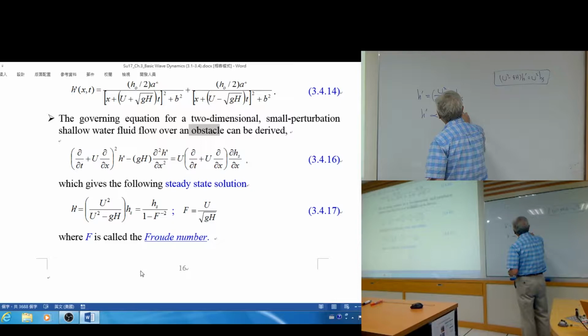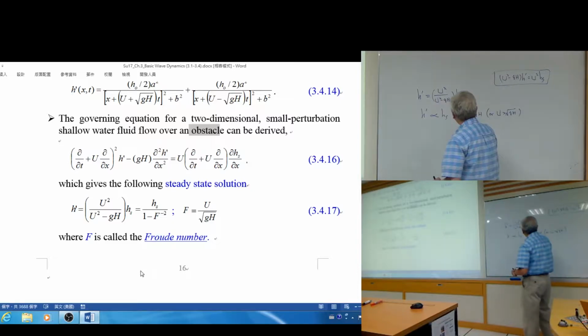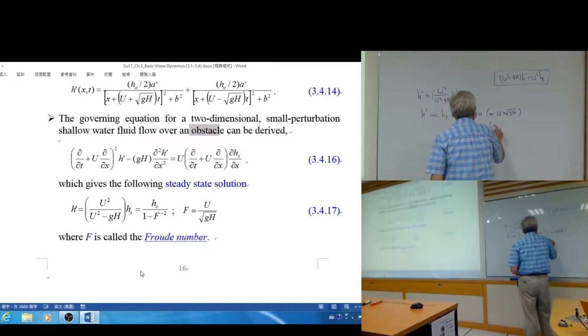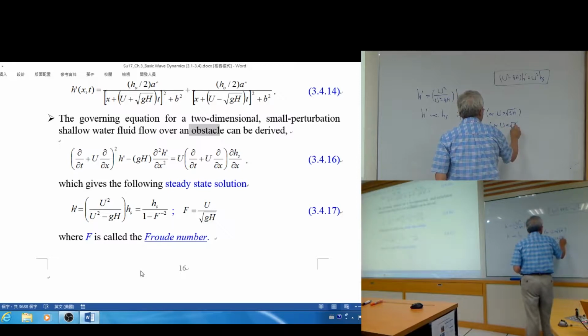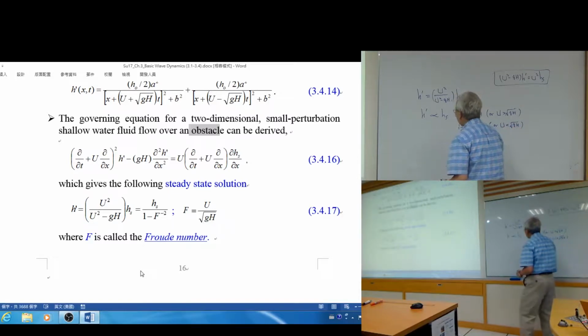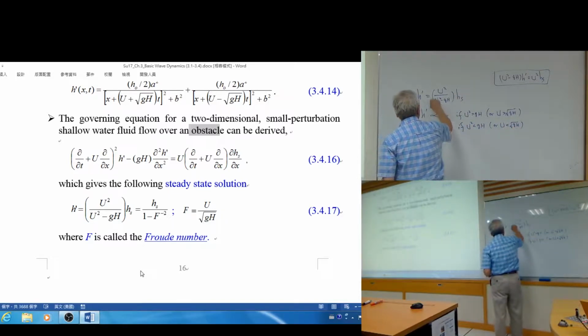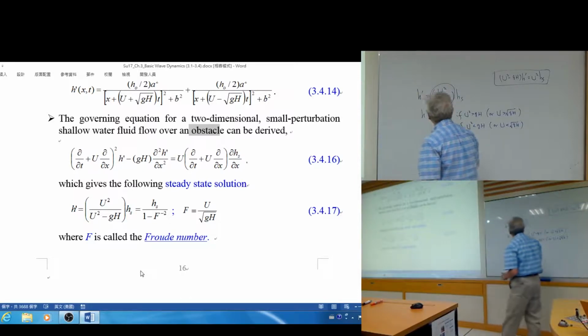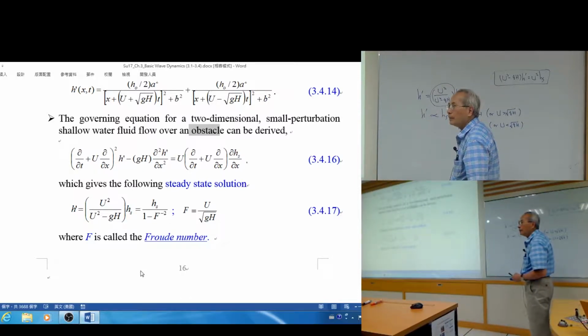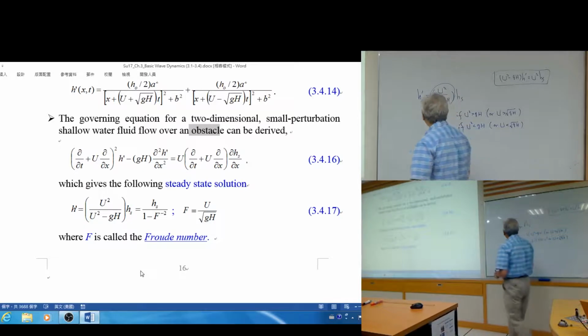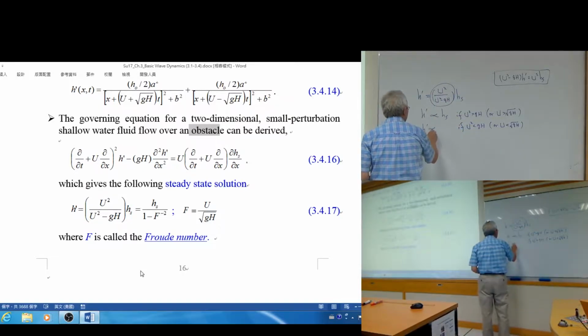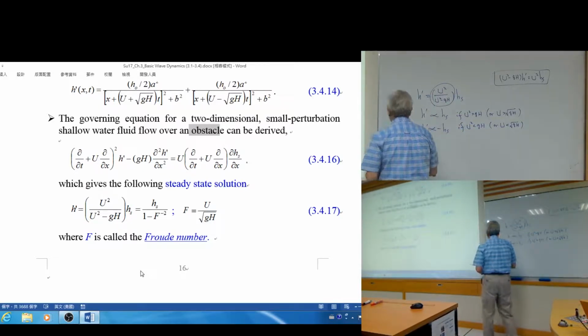The other situation, which sometimes happens, is if U squared is less than gH, or U less than square root gH, then this will become negative. So h prime will be proportional to negative h sub s.